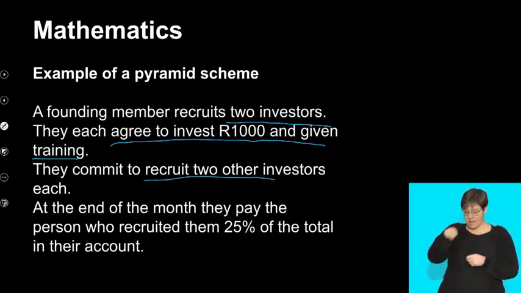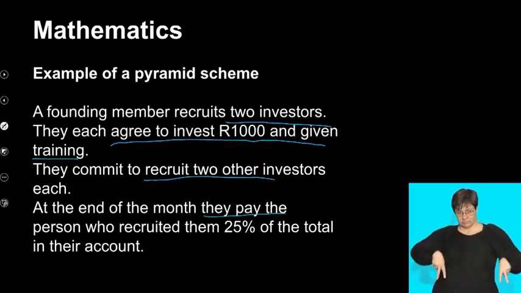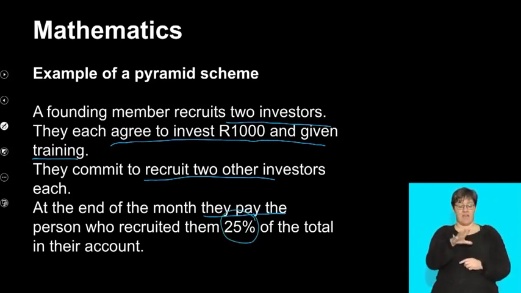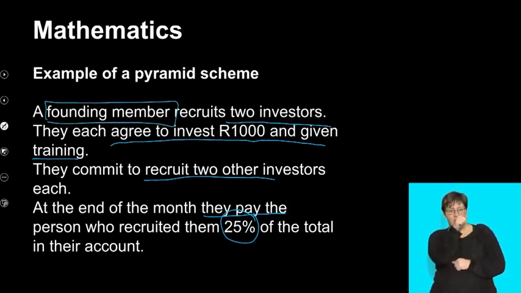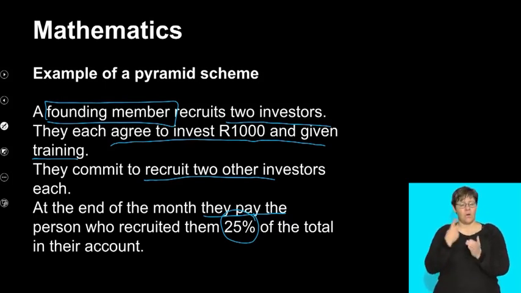And then at the end of the month, they need to pay the person who recruited them 25% of the total amount in their account. I'm already imagining what is going to happen here, because this founding member is the one that's just going to really be rich.